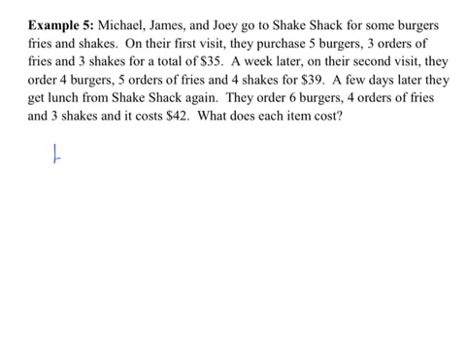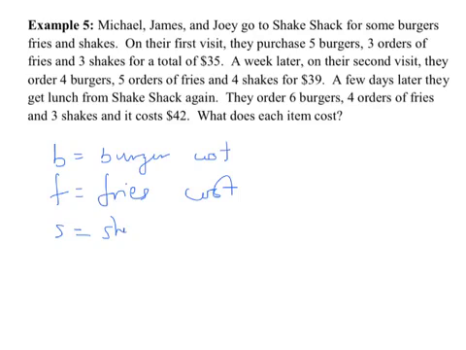So we should start with B as a burger cost, F as an order of fries cost, and S as a shake cost. Those are the 3 unknown variables. On the first visit, they get 5 burgers, 3 orders of fries, 3 shakes for a total of $35.